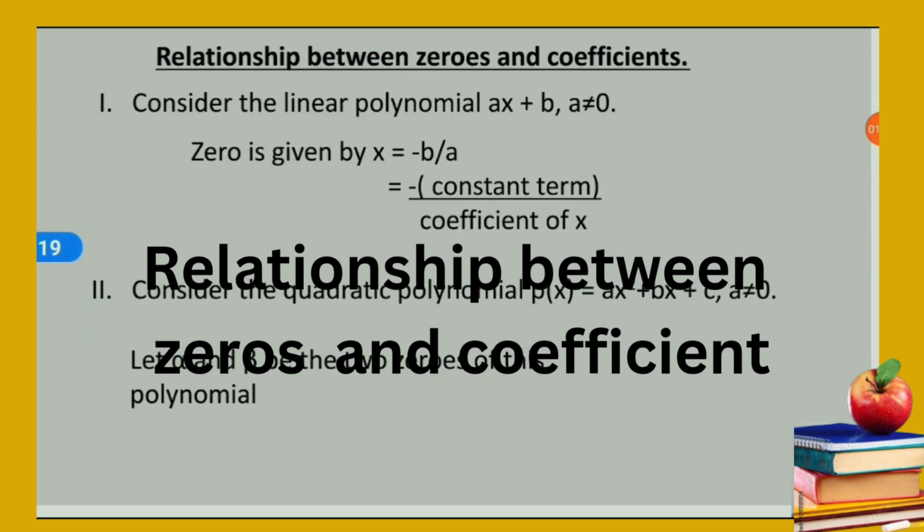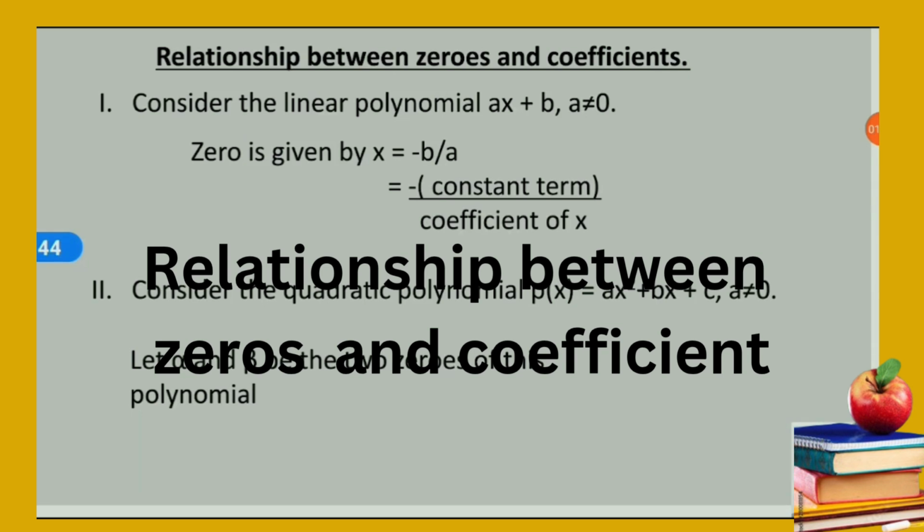Then, today we are going to study the relationship for a quadratic polynomial. We know the general form of the quadratic polynomial is ax square plus bx plus c, where a is not equal to 0. A, b, c are real numbers. Then what is a? A is the coefficient of x square. Then what is b?